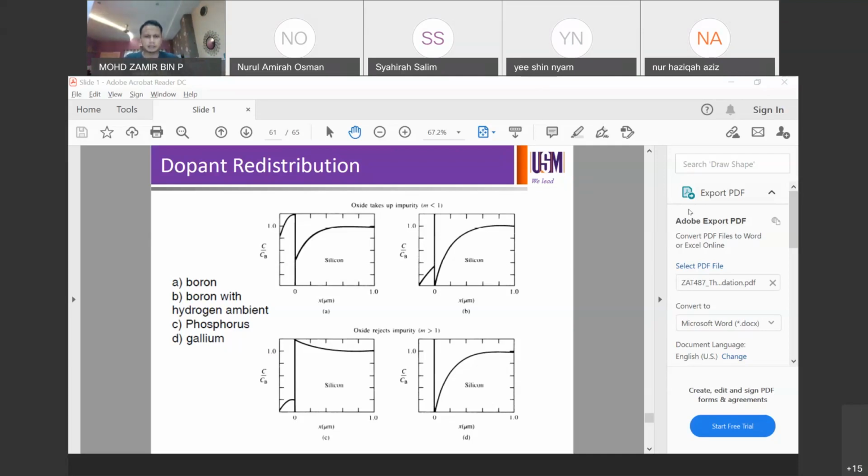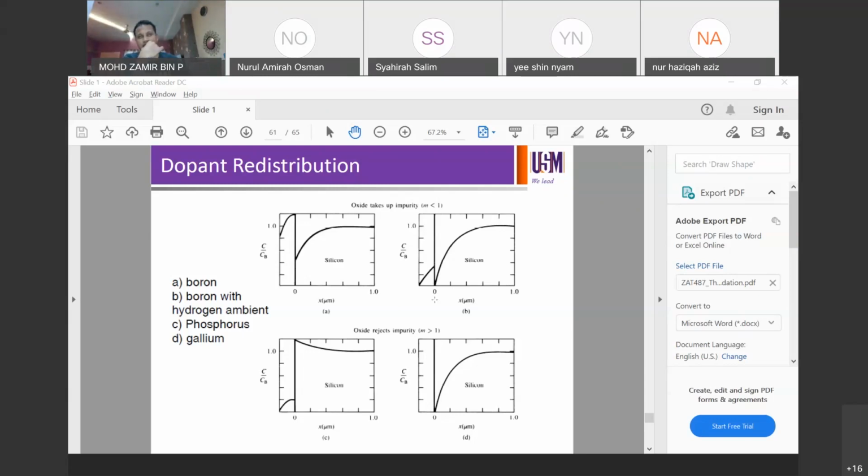Okay. The presence of hydrogen. If you look at this slide, if you compare the top left and top right, A and B, so A is without hydrogen, B is with hydrogen. So why is the M much lesser with hydrogen? The presence of hydrogen during oxide growth or impurity diffusion greatly enhances the diffusion of boron through oxide. So that is the reason. Remember just now I told you when we just started that the redistribution depends on two things.